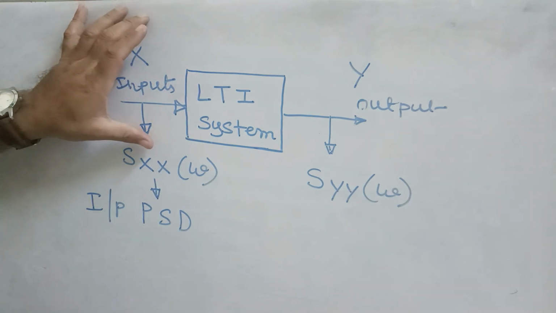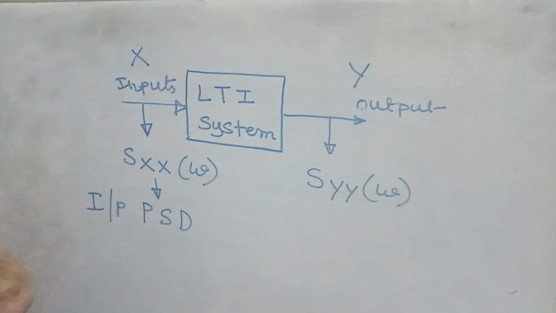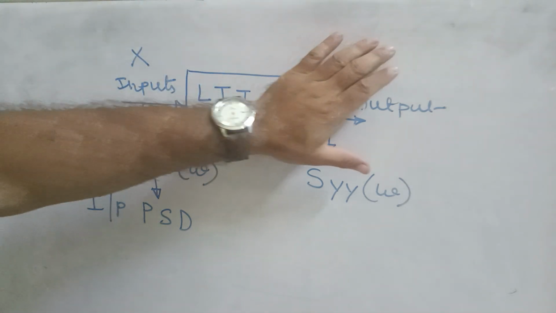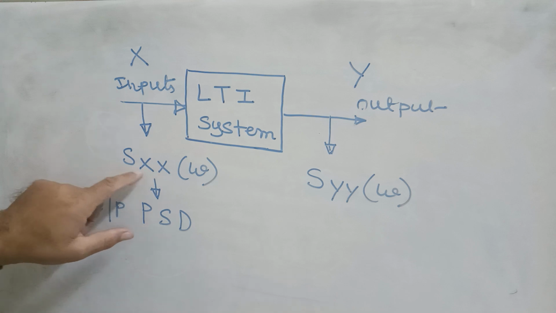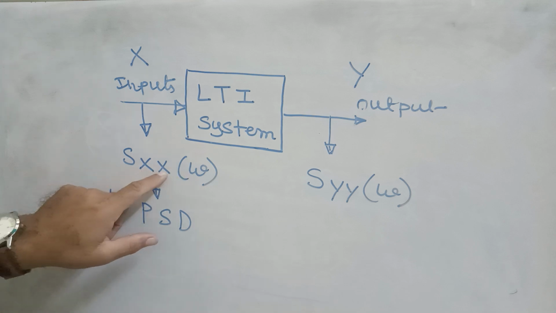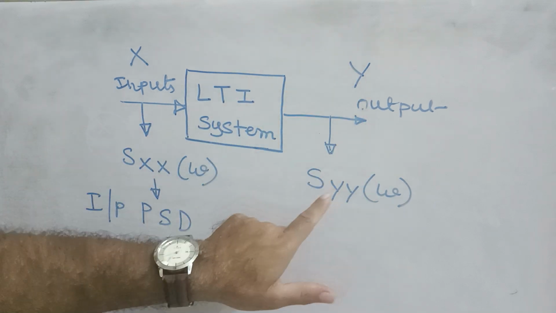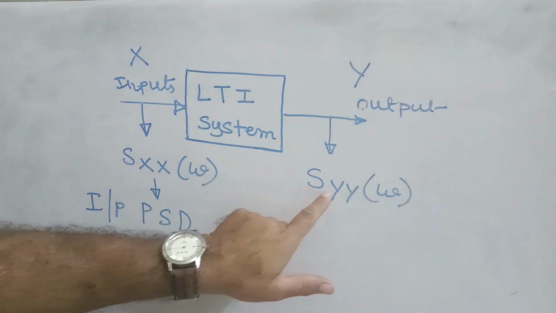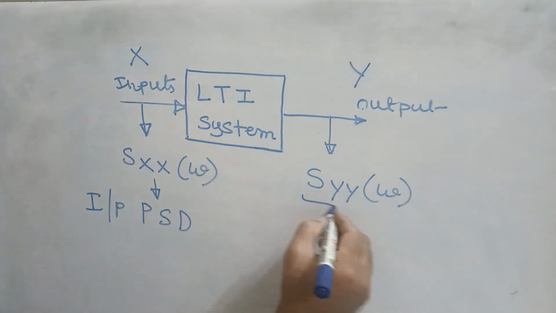With respect to x, the power spectral density is S xx of omega. Correspondingly, for the random variable y, the output power spectral density is S yy of omega. Remember that this is the output PSD.